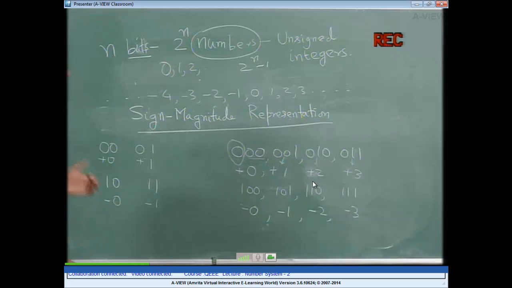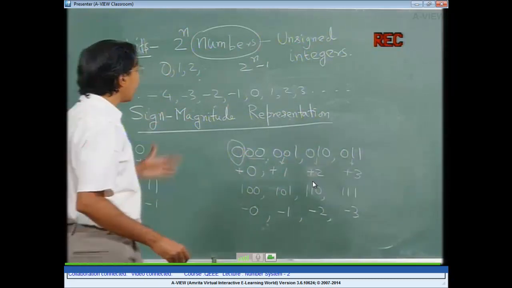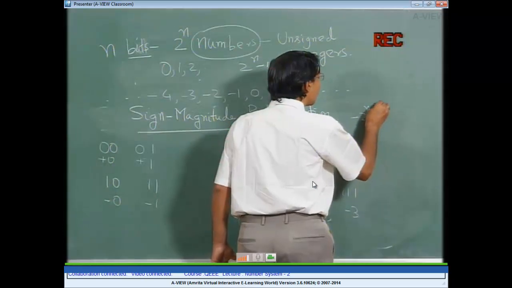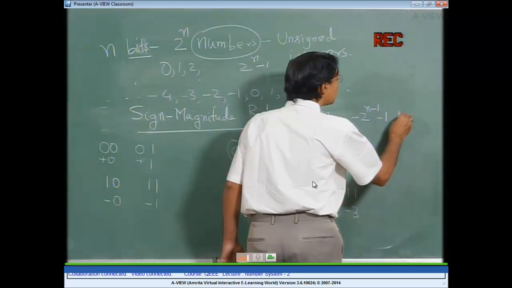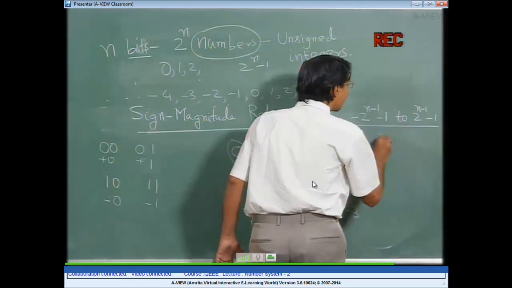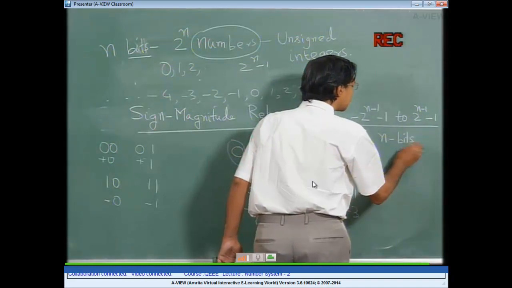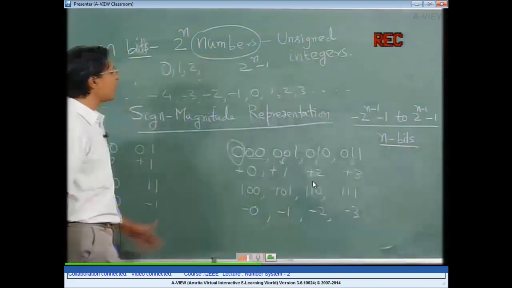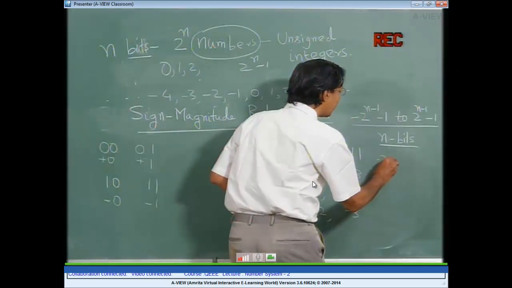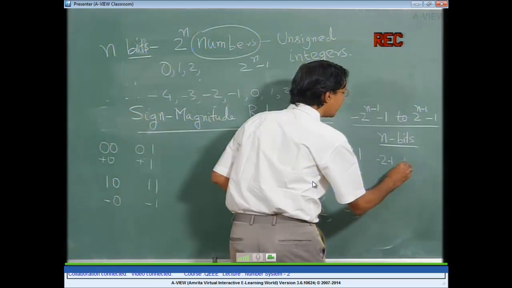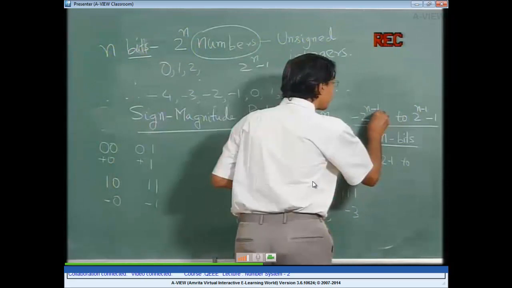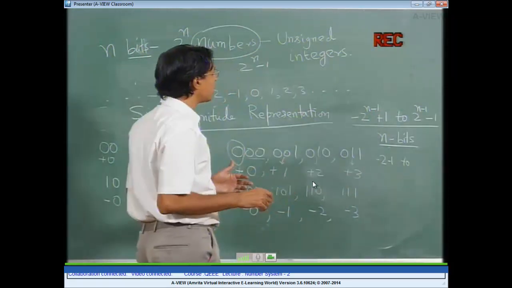So using a sign magnitude representation, the range that I could represent using n bits is minus 2 power n minus 1 plus 1 to 2 power n minus 1 minus 1.